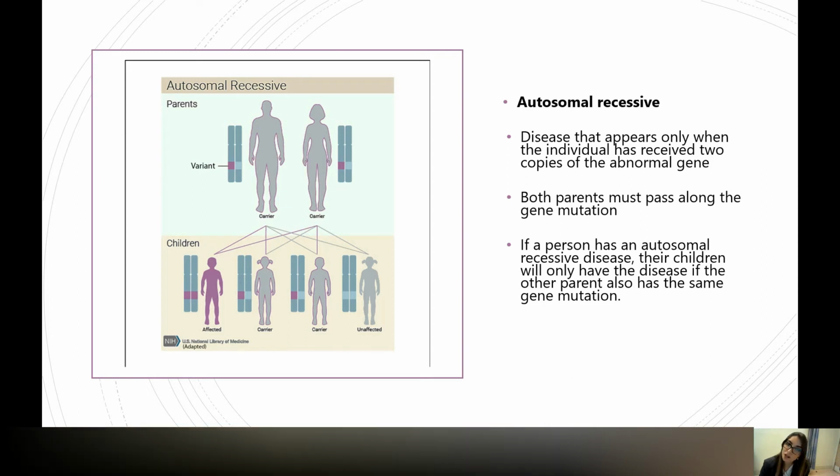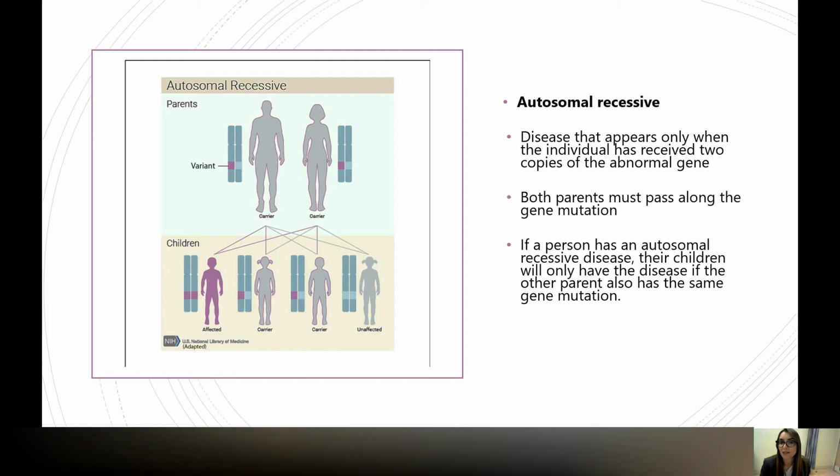So the kid who got both the purple variants is actually affected by epilepsy. That's what we call autosomal recessive, which means that each parent has to give one gene to the child in order to have the disease, and the parents are not going to be affected. Okay, and if you are a person that has autosomal recessive epilepsy, what are the chances of having a child with the epilepsy?